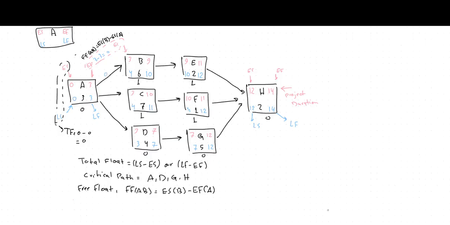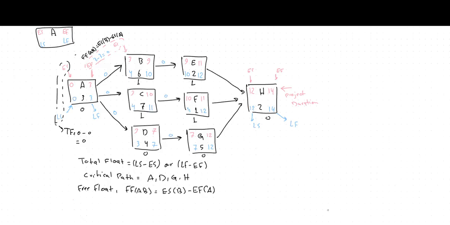By applying the same equation for the rest of the activities, we can say for AC it is 3 minus 3, 0. For AD, 3 minus 3 is 0. For BE, it's 9 minus 9 is 0. For CF, it's 10 minus 10, 0. For DG, it's 7 minus 7, 0. For EH, it is 12 minus 11, which is 1.